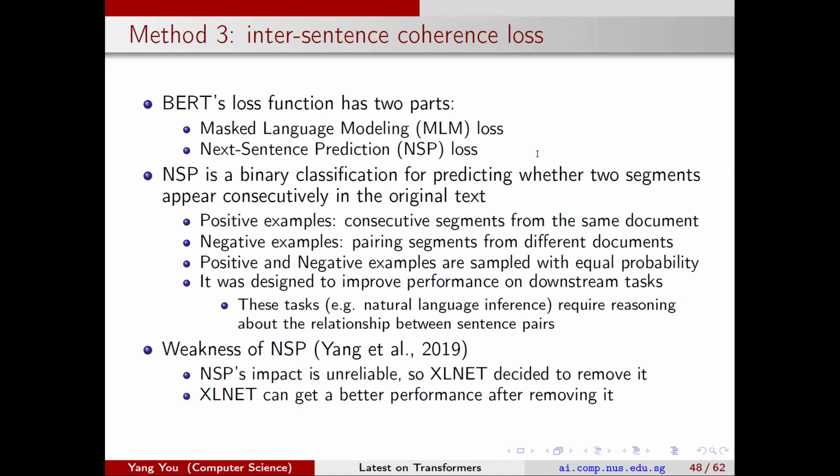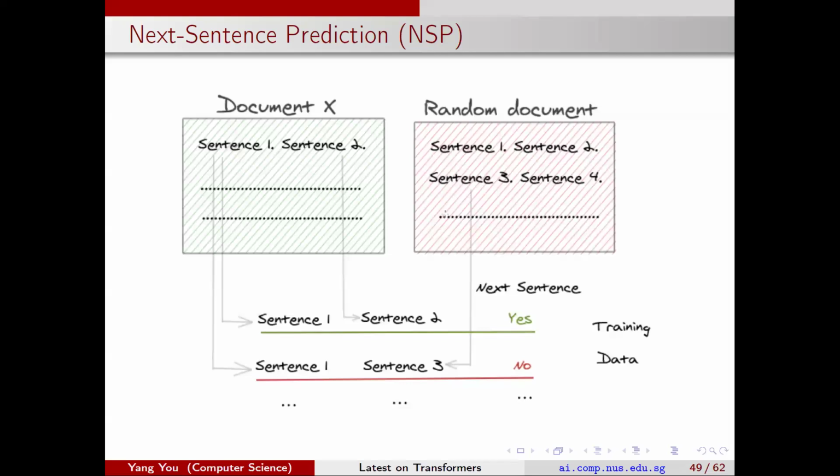So what's the meaning of next sentence prediction loss? We have a bunch of data. We have positive examples, the consecutive segments of sentences from the same document. Negative examples are from different documents. Let me give you a visualization. Here is our training data.